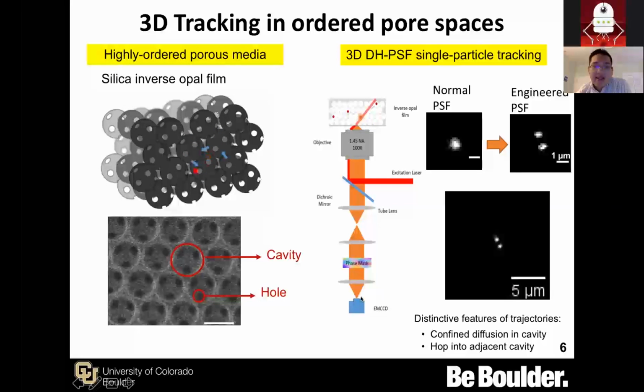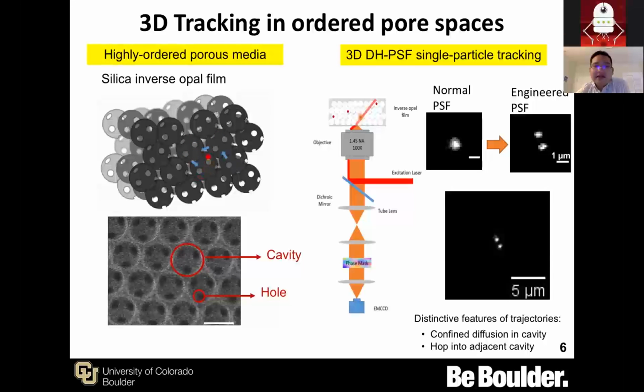What I did differently is insert this phase mask module, which converts the regular point spread function into this double helix point spread function. From here, we can find its Z position by the angle of these two lobes.